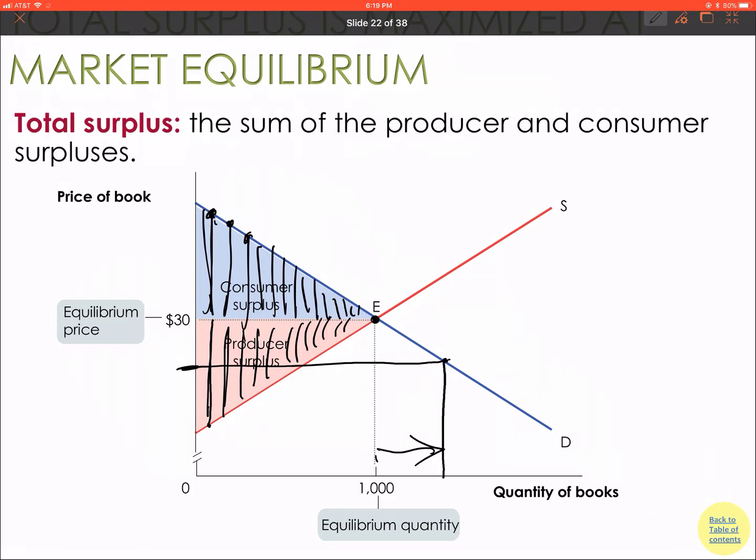The maximum value that he receives from that book is less than the reservation price for the sellers for that book. So the seller's value is greater than the buyer's value, so the seller might as well hold on to it. So we don't like these trades, right?